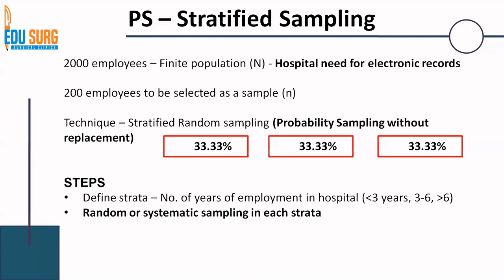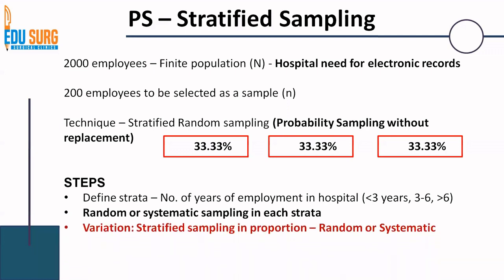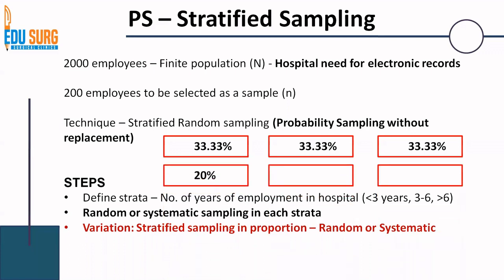But you can do sampling even without considering the percentage of persons in each strata, or you do stratified sampling in proportion. What that means is if the first strata caters to only 20% of the population, in this case, suppose the first strata has only 400 employees, then you will do only 20% sampling in that strata.